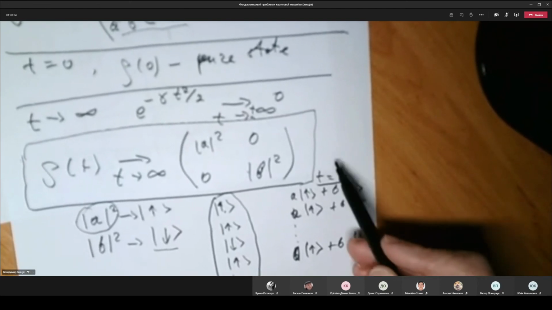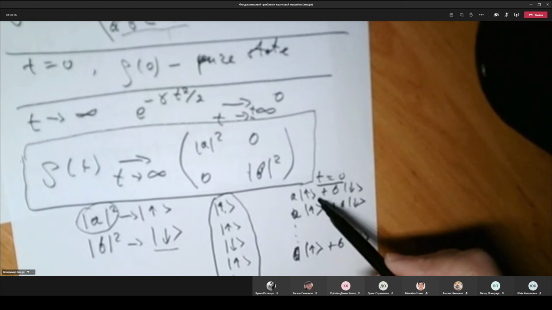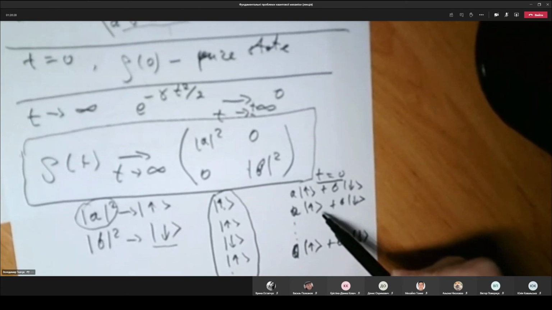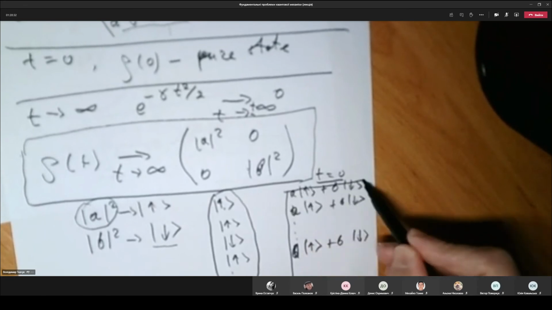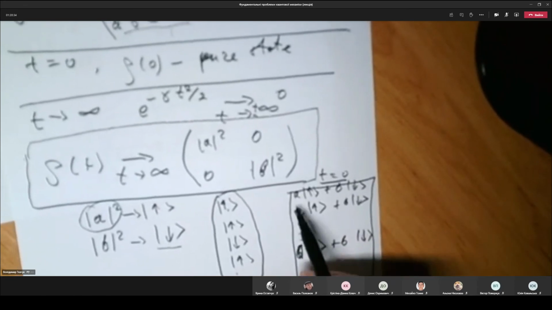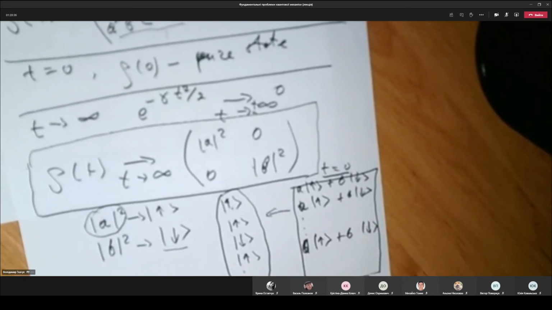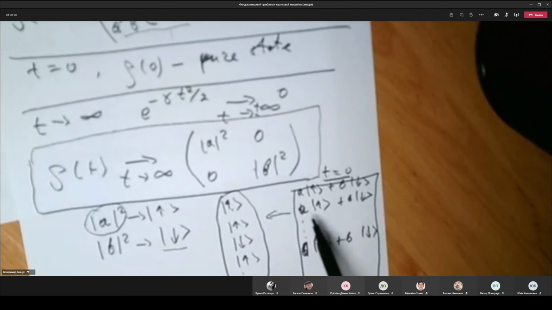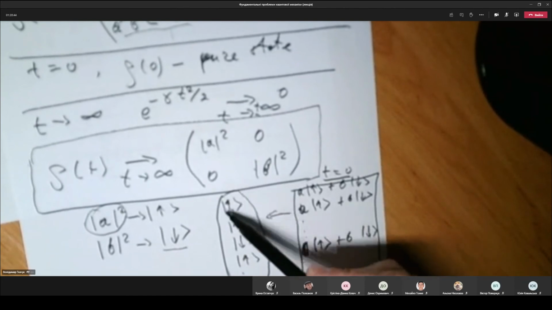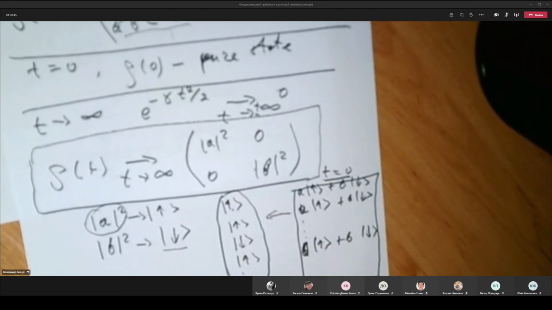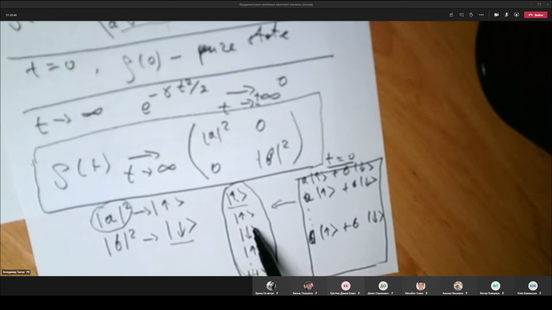The second spin, once more, at time t equal to 0 is in the same state, and so on. So at the initial time, each spin is in the same quantum state. We have a pure quantum state. But as a result of evolution in time t, we obtain this state. When t tends to infinity, we obtain an absolutely mixed state, and we have no coherence.